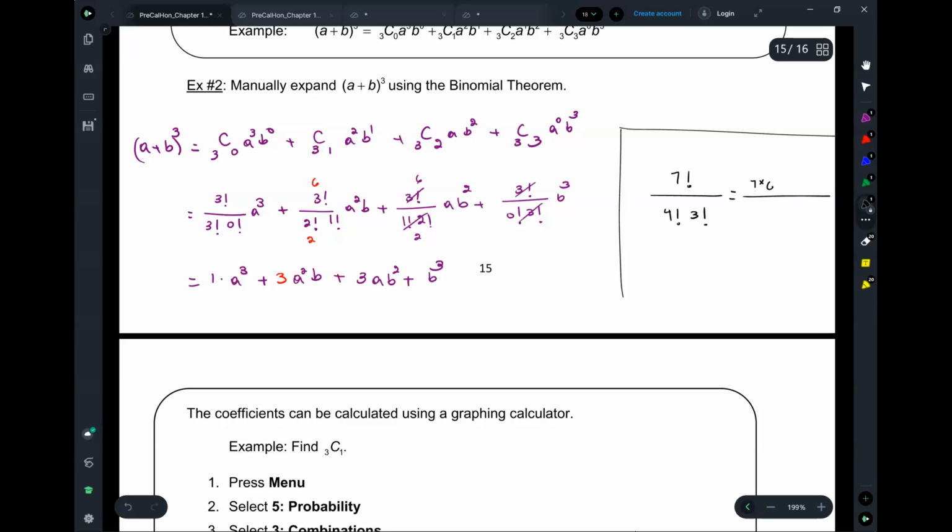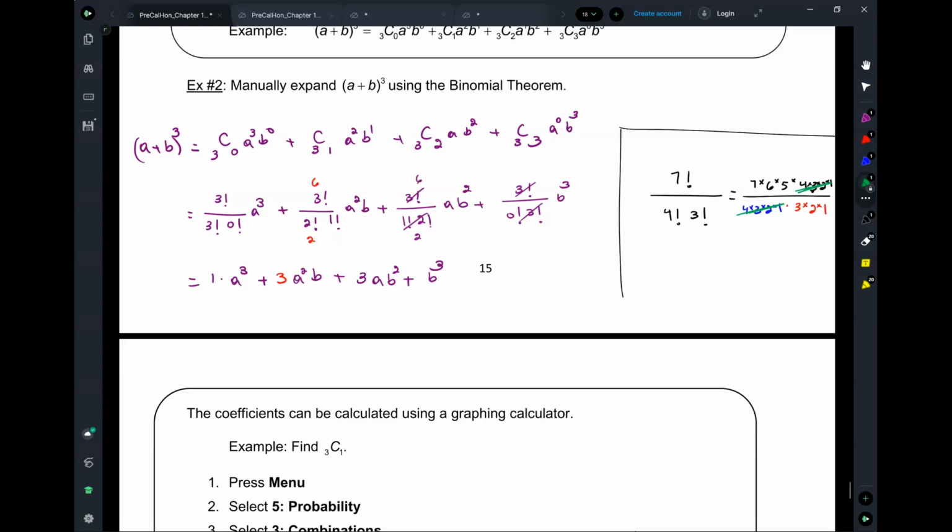This is 7 times 6 times 5 times 4 factorial, because 4 factorial is 4 times 3 times 2 times 1. So it's 4 times 3 times 2 times 1 over 4 times 3 times 2 times 1 times 3 times 2 times 1. All of these cancel with these. These factorials always cancel with each other.